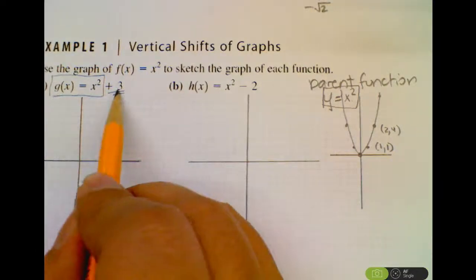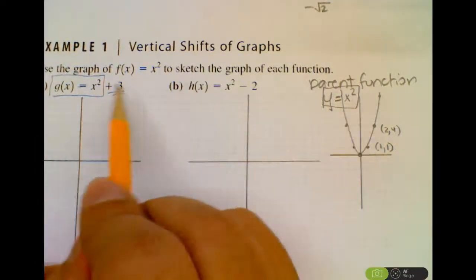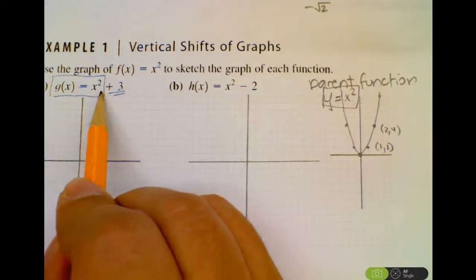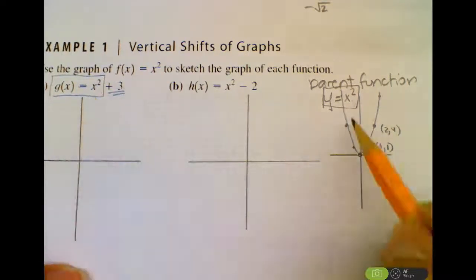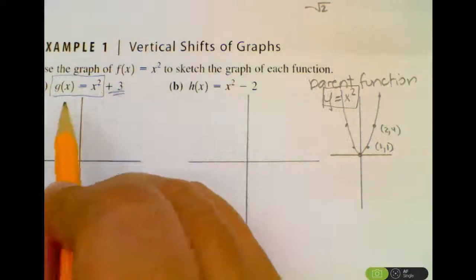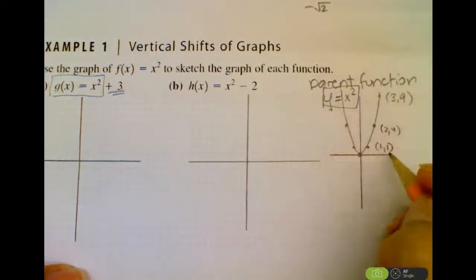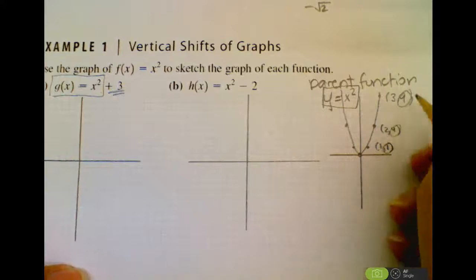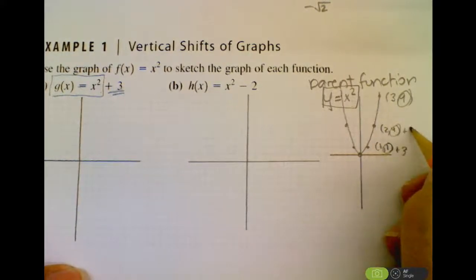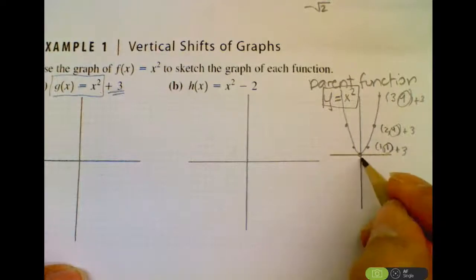If you compare these two equations, the plus 3 is on the outside of this function. So what happens is, this is the parent function. If I'm adding 3 to it, that means every single y value is being added by 3. That's all it means. But the x's remain the same.